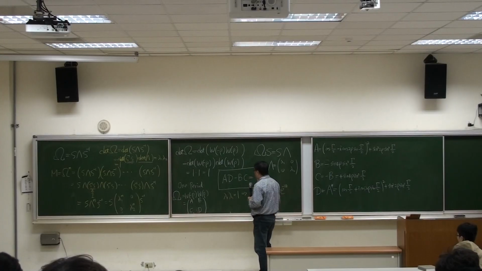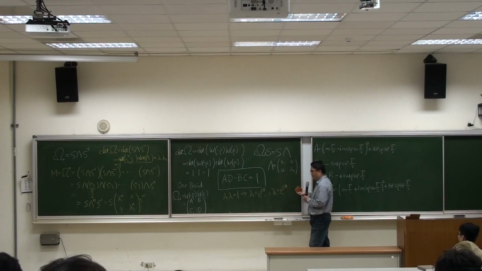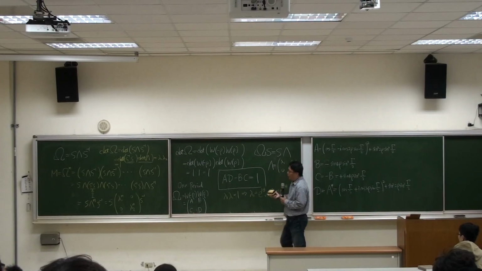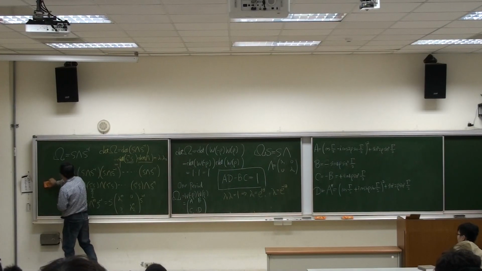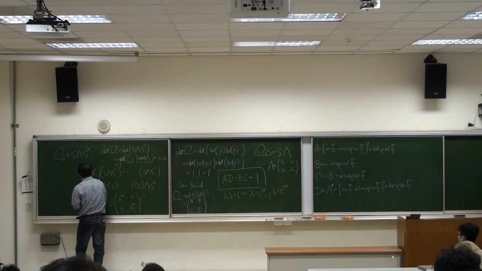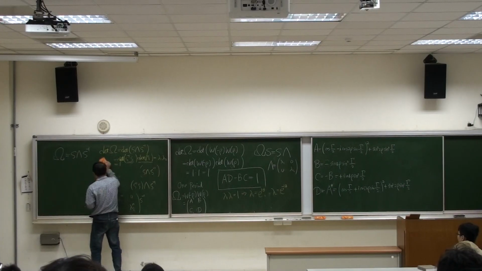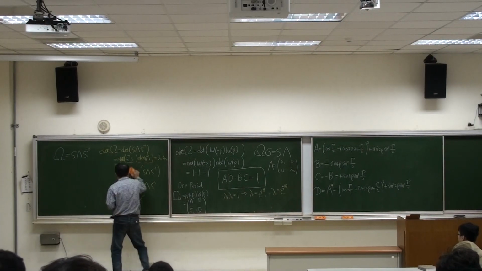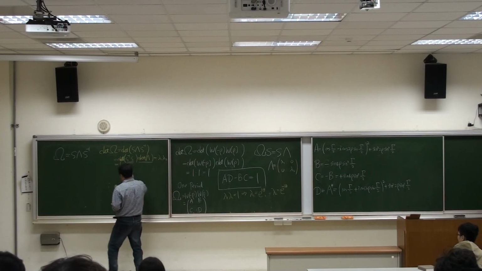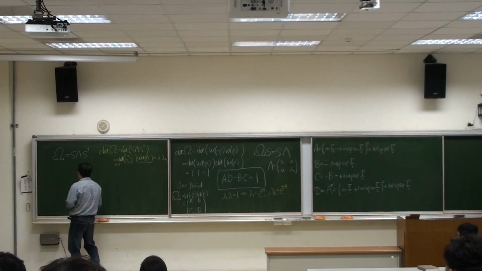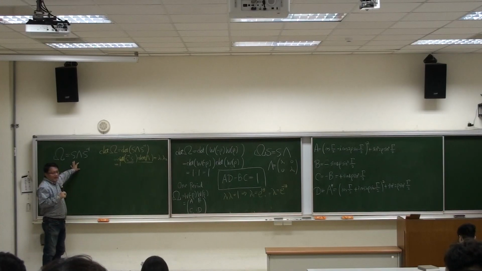Then, why do we need to parameterize them like this? Because I need to use a property of the matrix, the so-called similarity transformation.